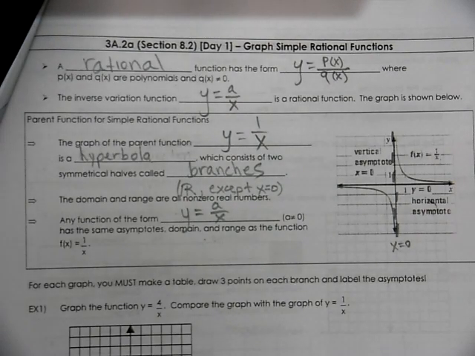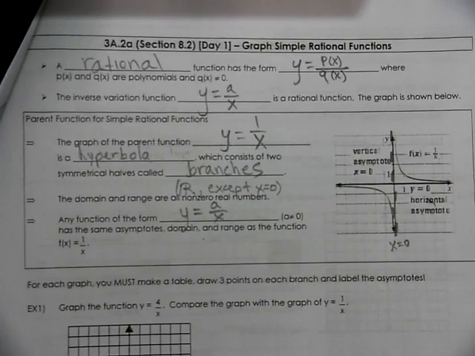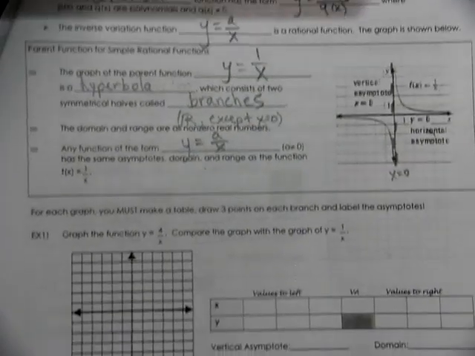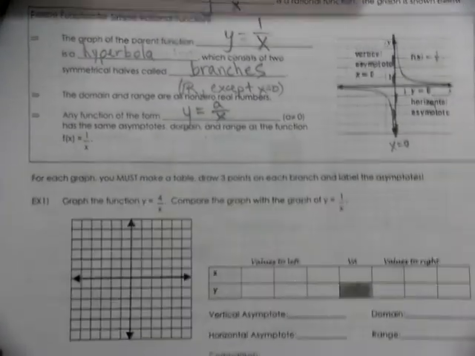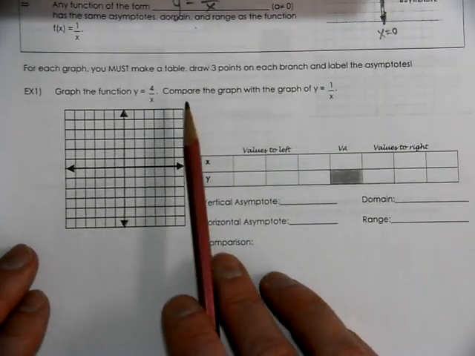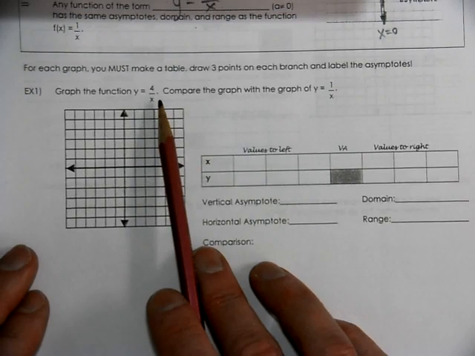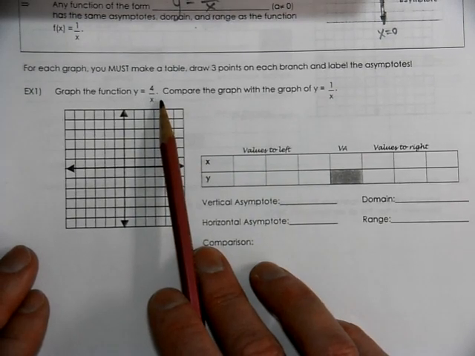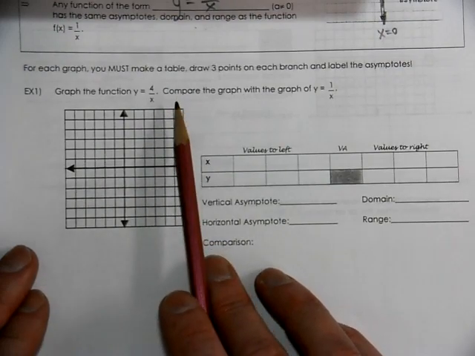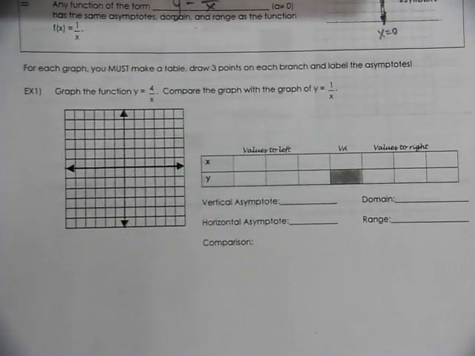And we'll talk about that. All right, when we graph this out, we're going to graph y equals 4 over x. We're not going to use our graphing calculator. You should not use a graphing calculator for this and poof, have an answer, but without any work.